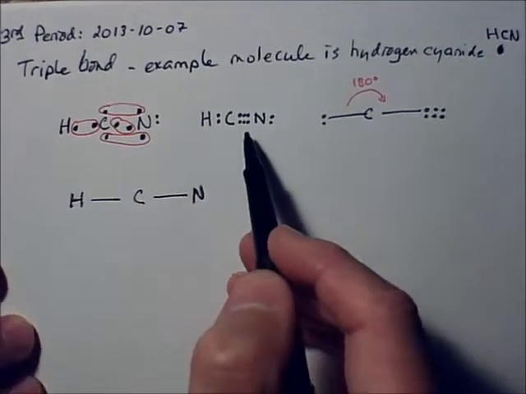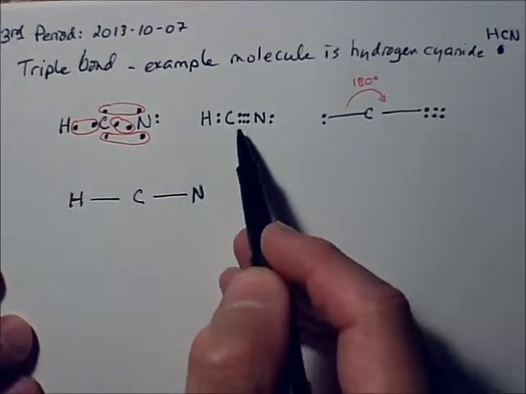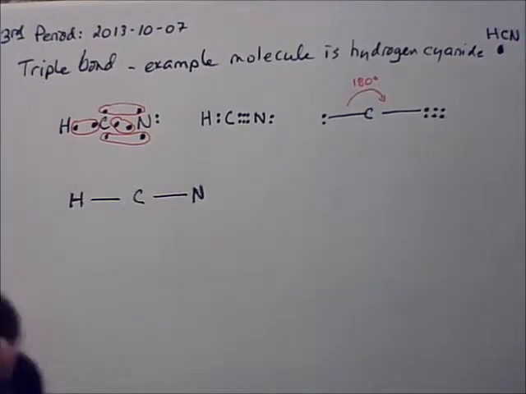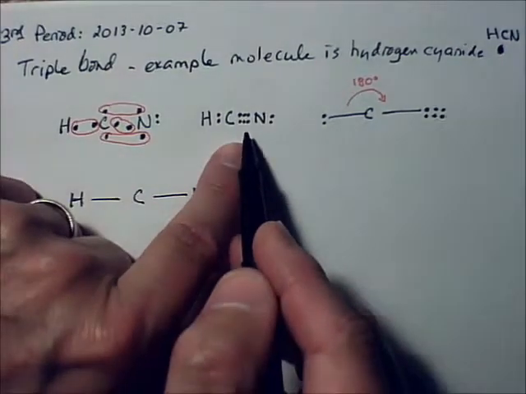Carbon, though, has to have 1, 2, 3 bonds. Okay? And to have 3 bonds, you're going to have 2 p orbitals that are unhybridized. In order to have a triple bond, it's called a triple bond.